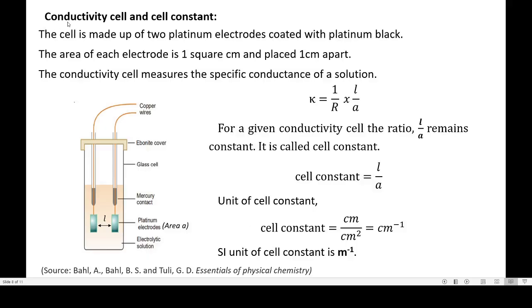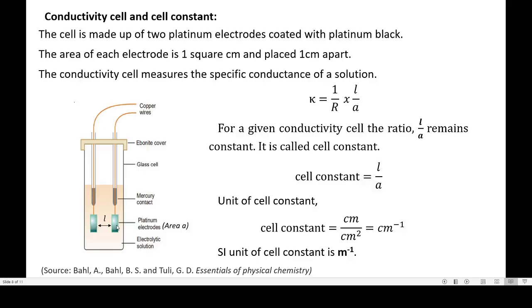Now coming to the conductivity cell and cell constant. A conductivity cell is a special kind of cell which is used to determine the conductance, that is the specific conductance, of a solution. The cell is made up of 2 platinum foils or platinum electrodes which are coated with platinum black, that is platinized platinum electrodes.